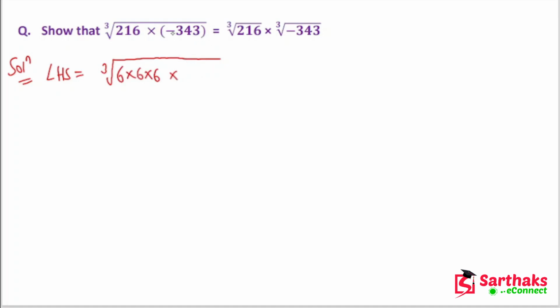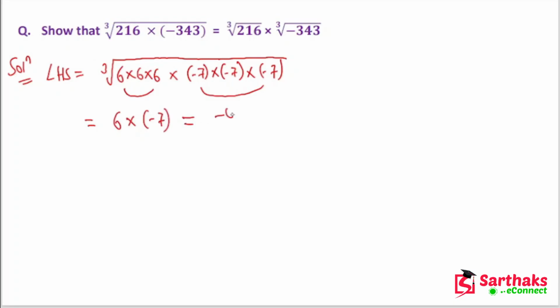Since there is a minus, here it is minus 7 into minus 7 into minus 7. Okay, so you can write like this. And what this cube root does, it just takes out one factor from the triplet. So it would be 6 and it would be minus 7. So it would be what? Minus 42. It is that simple.